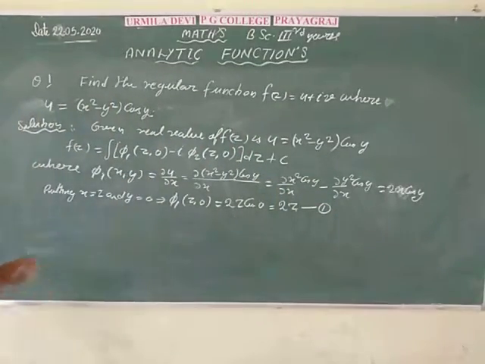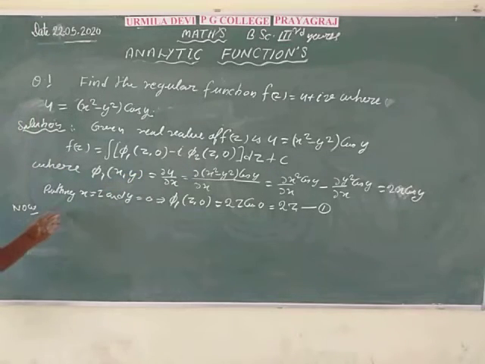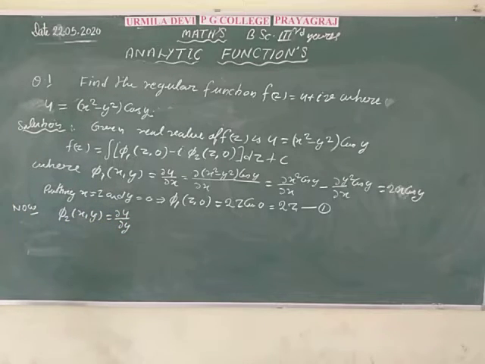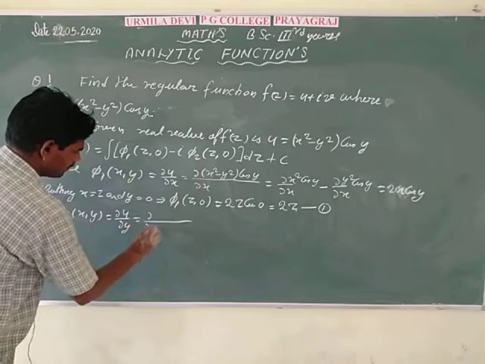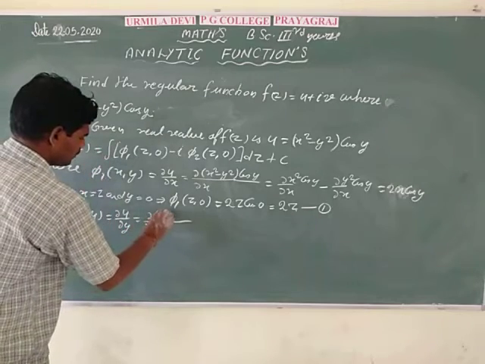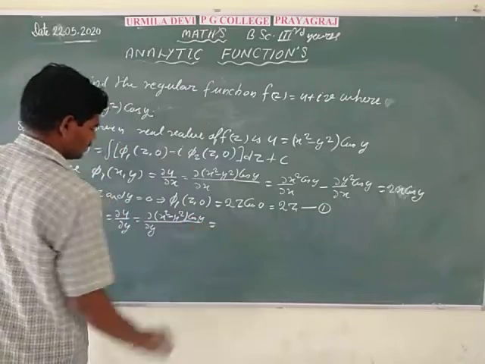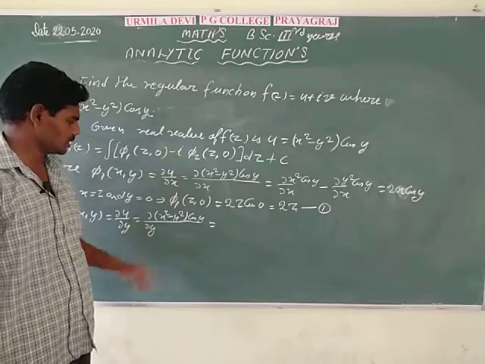Now find the value of φ2, where φ2 in x, y variables is equal to ∂u/∂y. Putting the value of u, which is equal to (x² − y²) cos y. Here taking the partial derivative with respect to y, so x is constant.